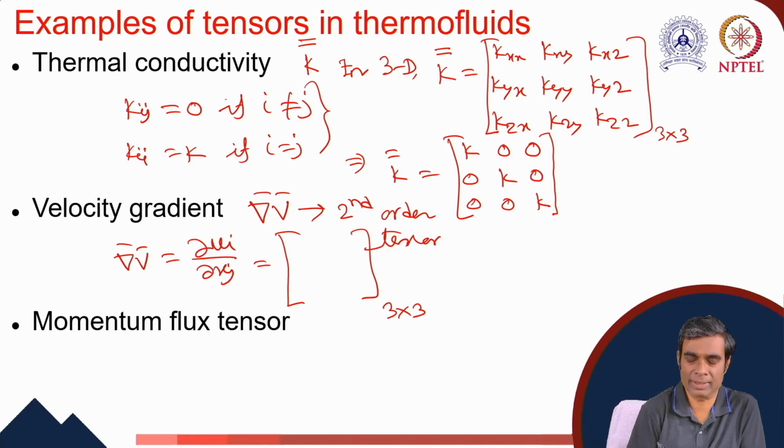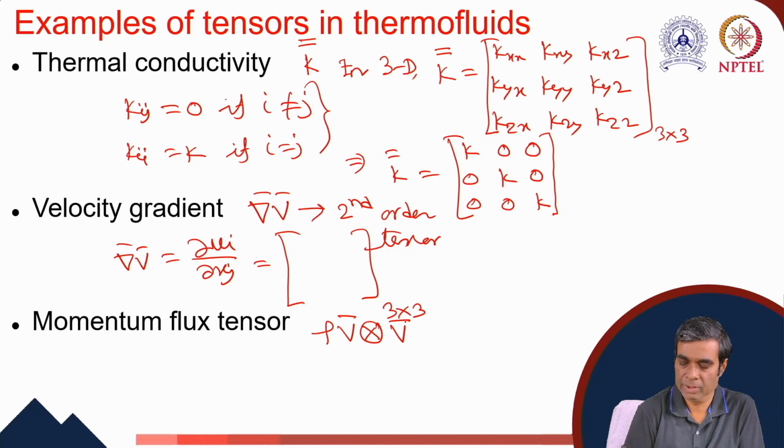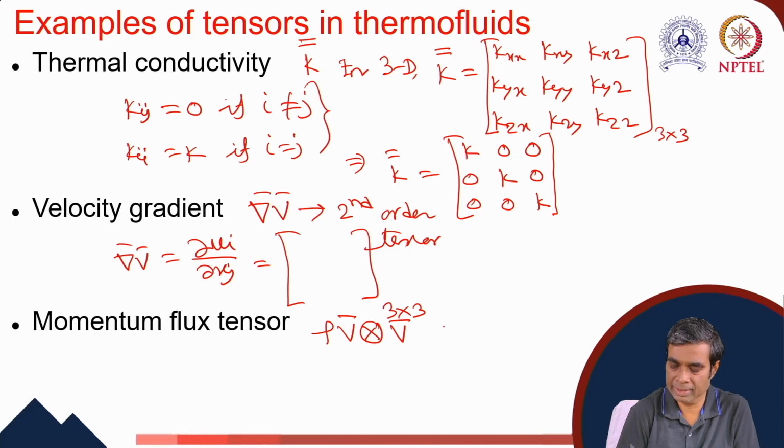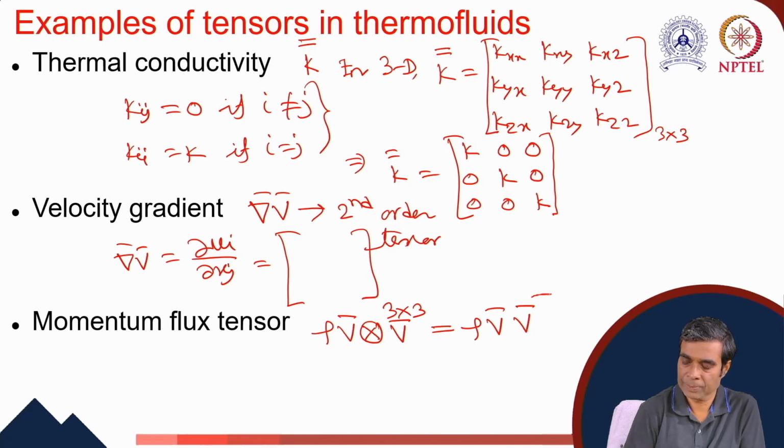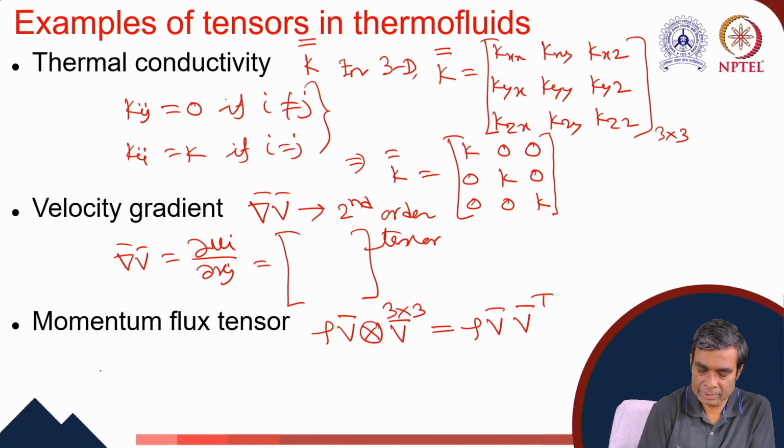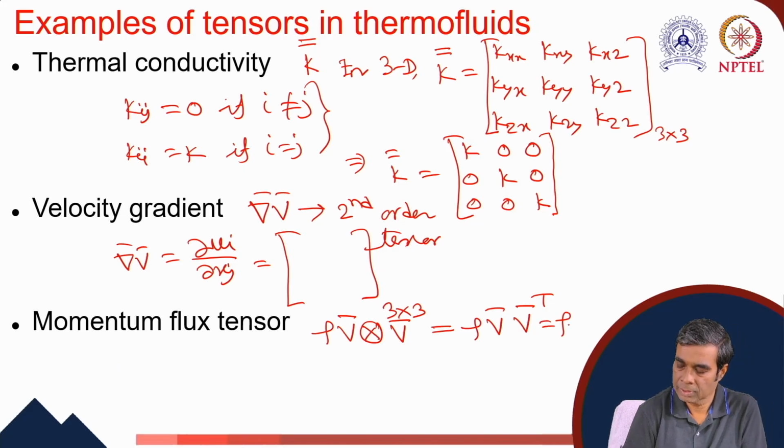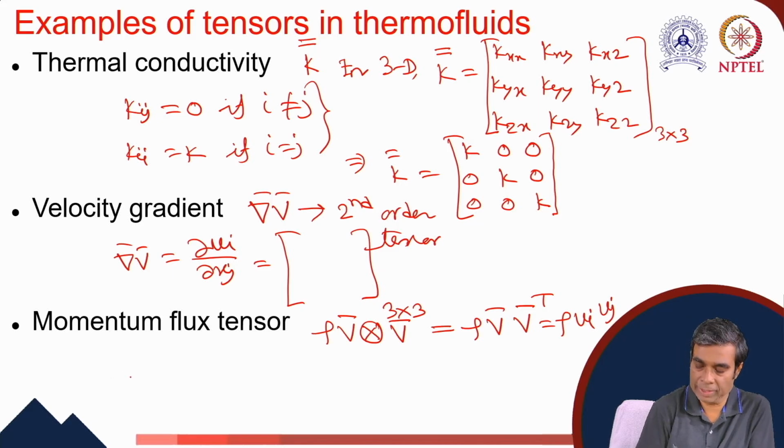The momentum flux tensor is represented by the symbol rho V bar outer product V bar. So the momentum flux tensor can be written as rho V bar V transpose. This symbol is the symbol of the outer product. We can write it as rho ui uj using the tensorial notation.